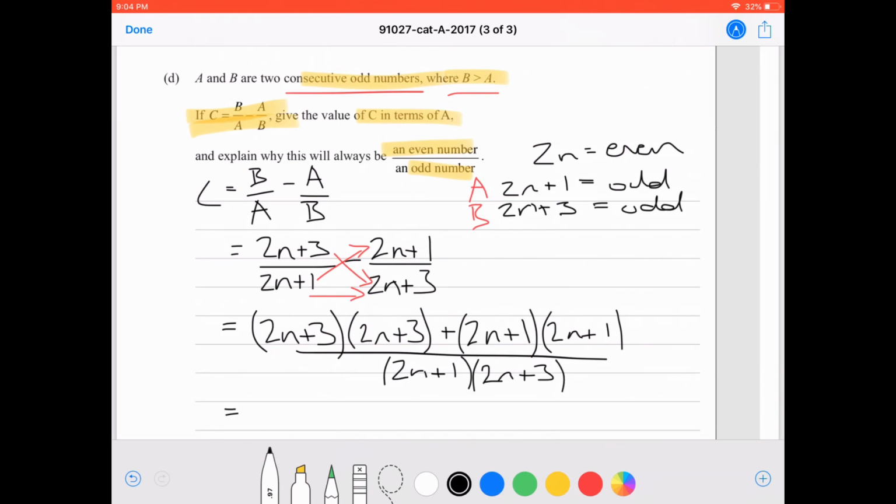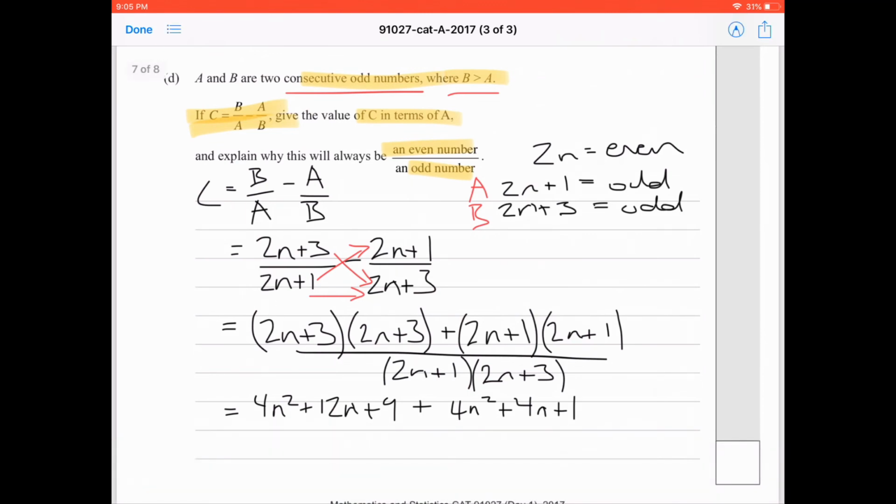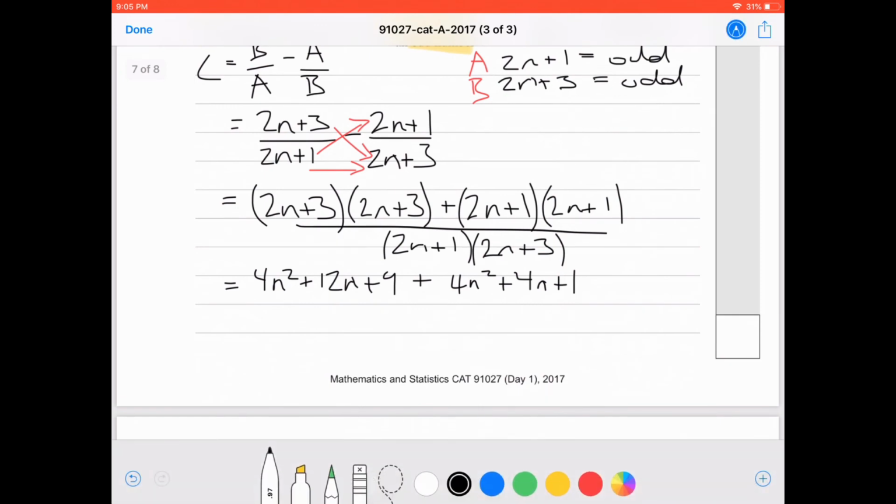Okay, so expanding our brackets, we've got 4n squared. The b term is 2ab, which is 12n. 12n plus 9 plus 4n squared plus 4n plus 1. Okay, that's all over.